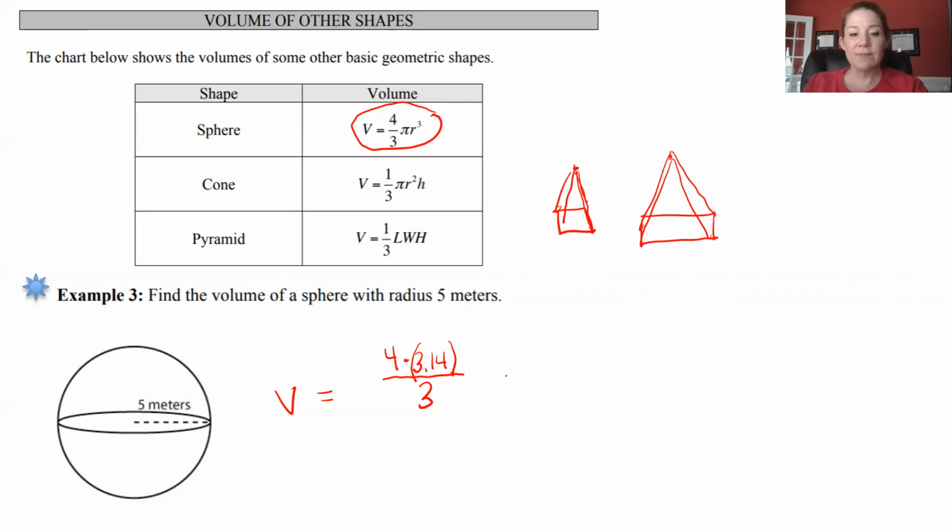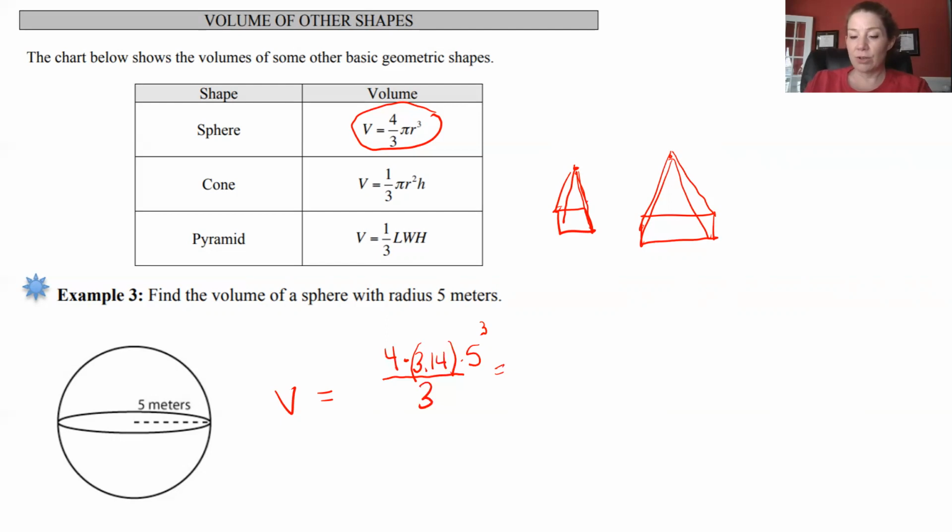Our radius of our sphere is 5, so we multiply by 5 to the 3rd power. So we're going to multiply 4 times 3.14 times 5 to the 3rd power, and then divide that number by 3. That's the easiest way to do it when you don't have a fraction button on your calculator. So 4 times 3.14 times 5 times 5 times 5, or 5 raised to the 3rd power.